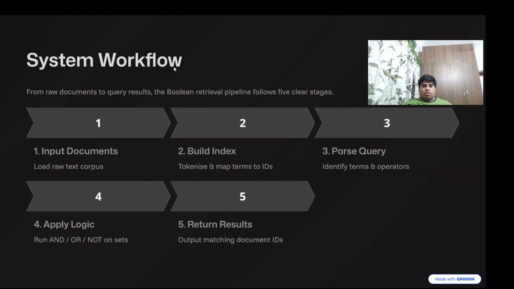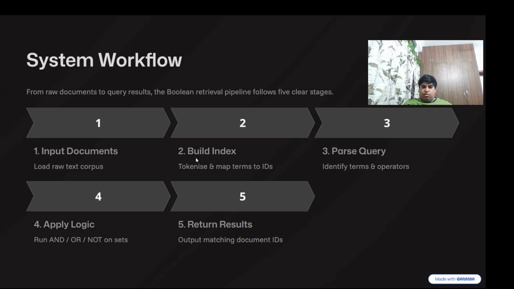Before going to the code implementation, understanding how it works using Python language, we must first understand the system flow of this Boolean model. As I told you before, using this model, we need raw documents which will help us to query results. The Boolean retrieval pipeline or workflow follows five major stages. First, it inputs documents, that is, loads the raw text corpus.